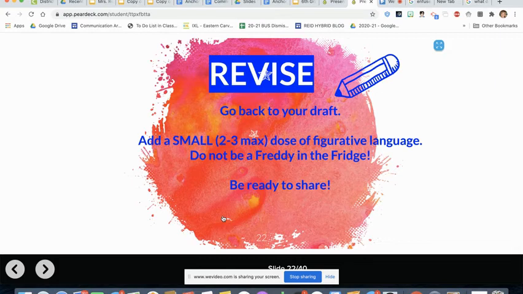I want to show you what I'm talking about. But get ready to be able to share those when you come back to class. And as always, I'd like you to highlight where you added it. So I'm going to also do this. I'm going to go back to my squirrel story and I'm going to try and add some figurative language.